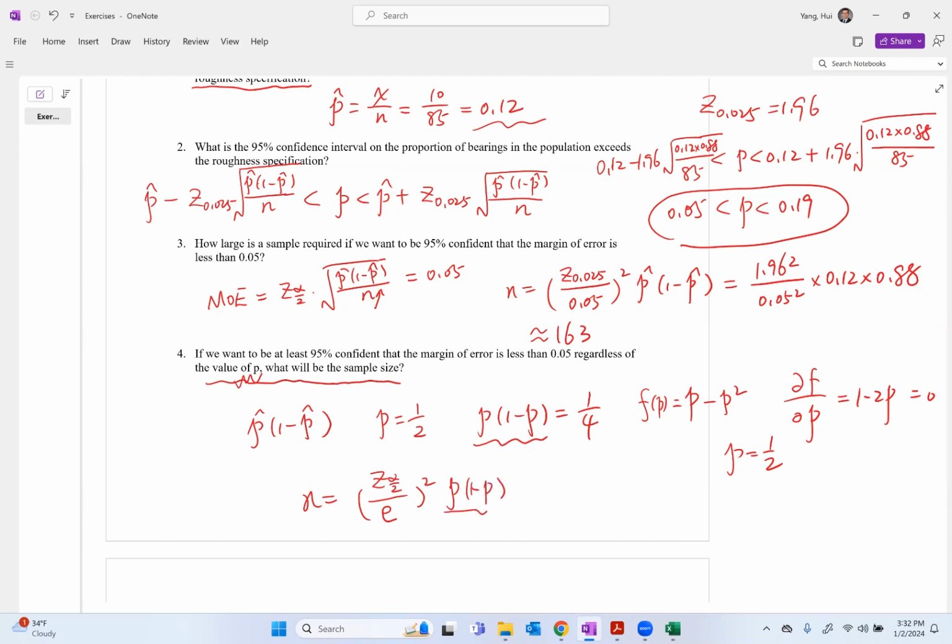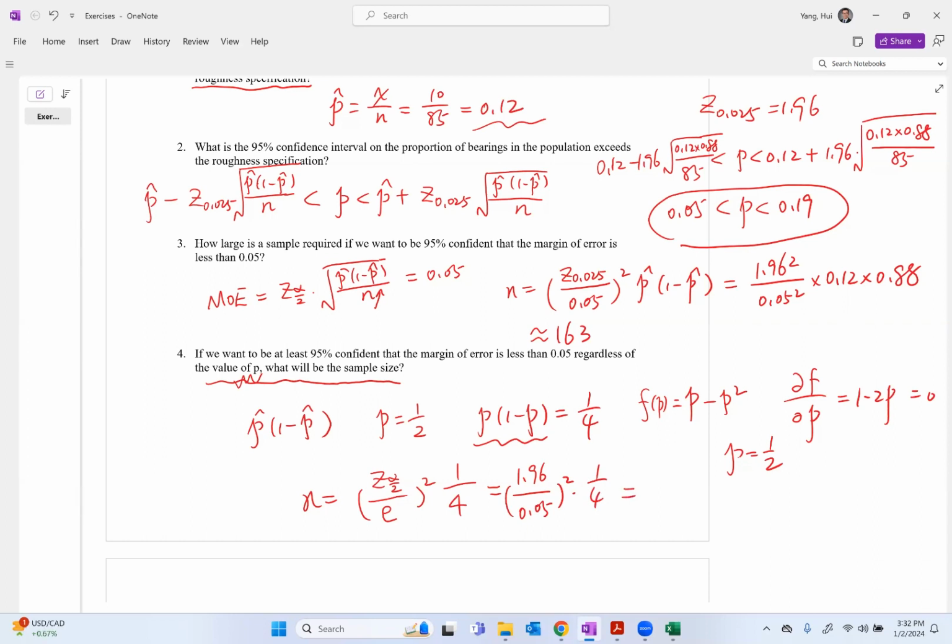Because this reaches the maximum when p equals 1/2, we directly put 1/2 here. So 1.96 over 0.05, squared, times 1/4.